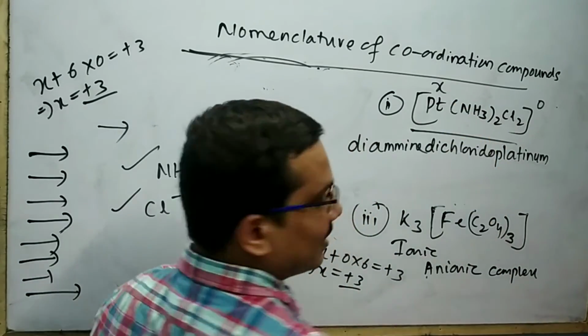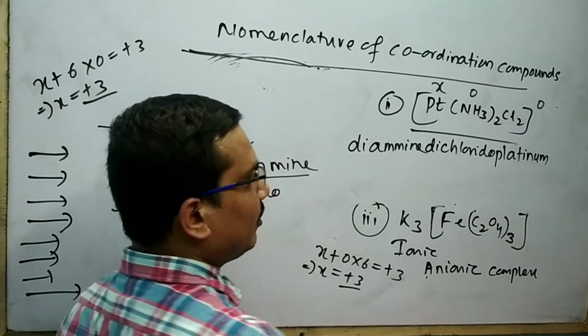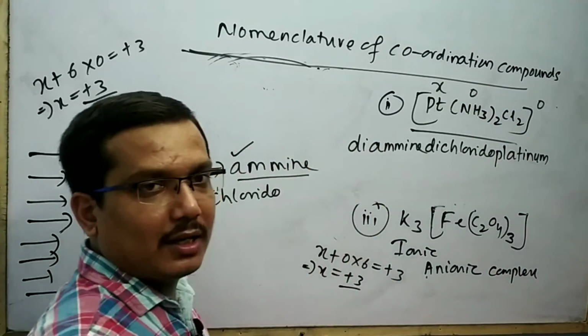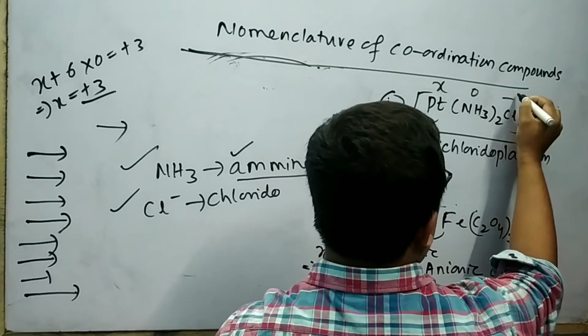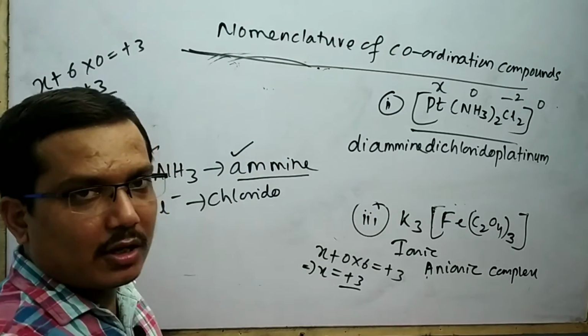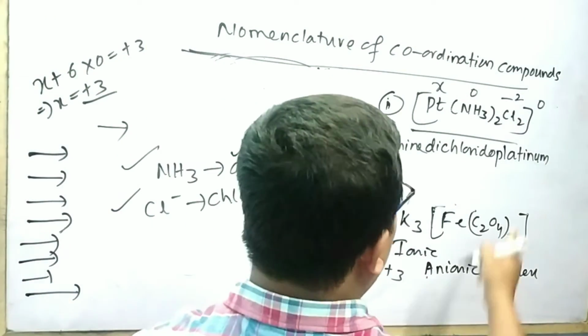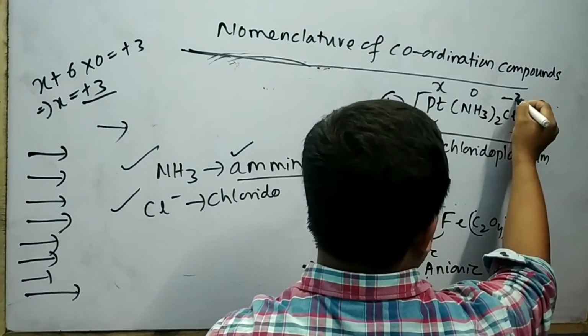We know that NH3 is a neutral molecule, so here I can write 0. Here Cl is in the form of Cl minus, so it is bound to write minus 2, because 1 Cl minus has oxidation state minus 1. There are 2 Cl minus, so it is bound to write minus 2.